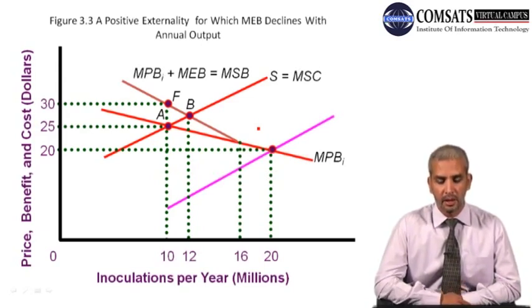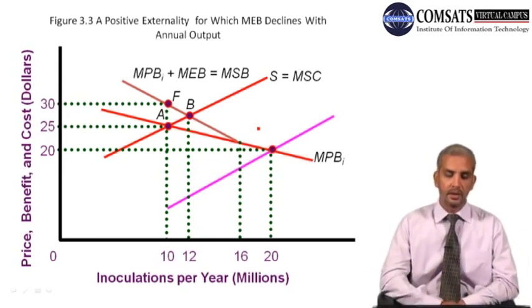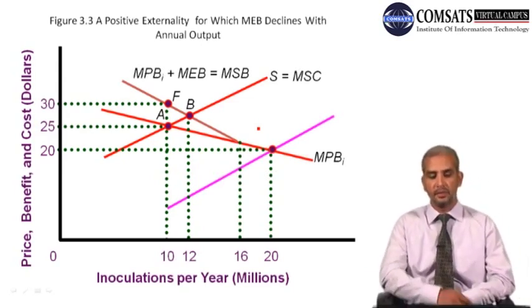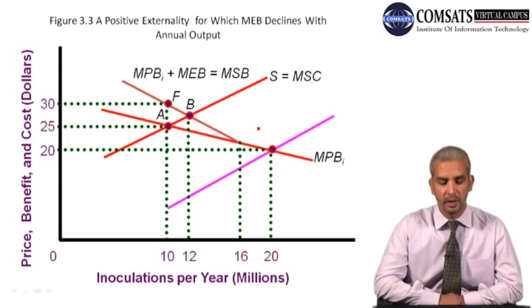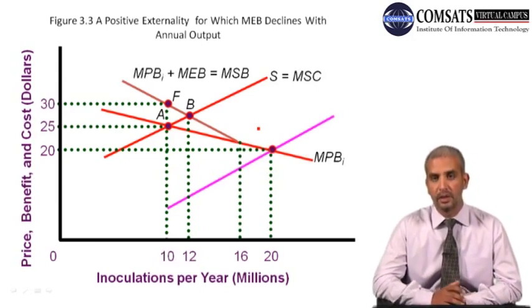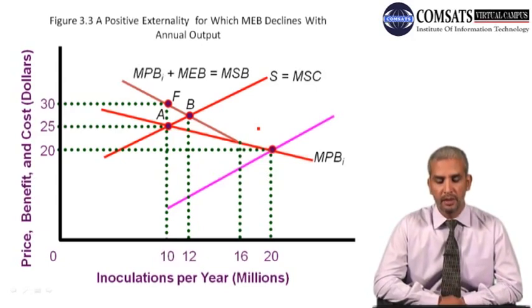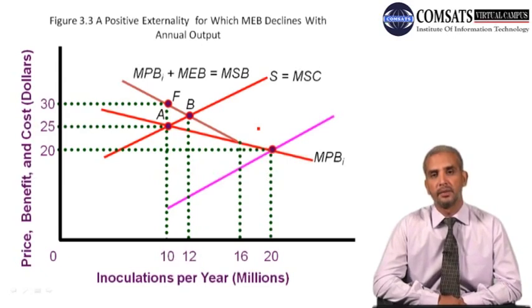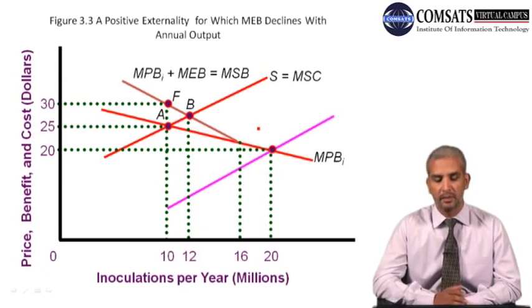But later on, what we need to highlight over here is that if we increase the production to, for example, 16 million and onwards, there would be no need for internalizing the marginal external benefit, because with the diminishing marginal external benefit, it would vanish to zero, and the result would be again the marginal private benefit curve.